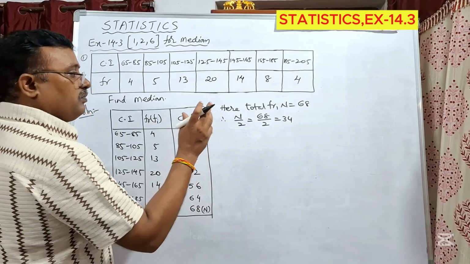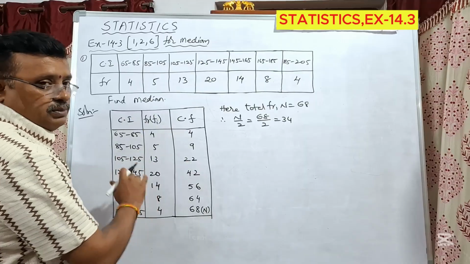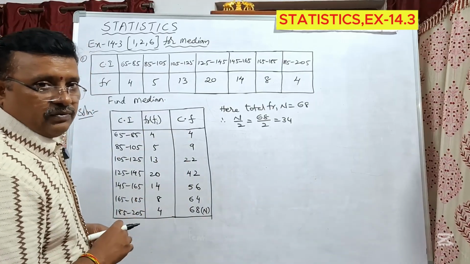Then how do we find that middlemost value in the grouped frequency distribution table? Please listen to me carefully.